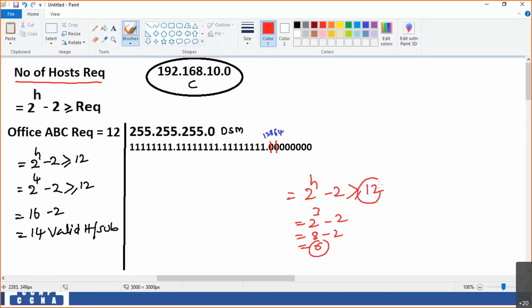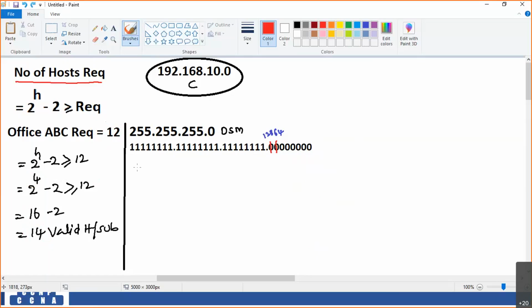Fine, but my requirement is 12. This value should be greater than or equal to that. So if we use 4, then we get 16 minus 2, 14. Our requirement is 12, and we get 14. Out of 14, you can use 12 IP addresses.